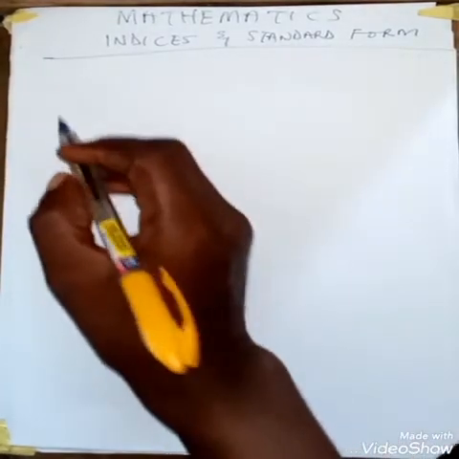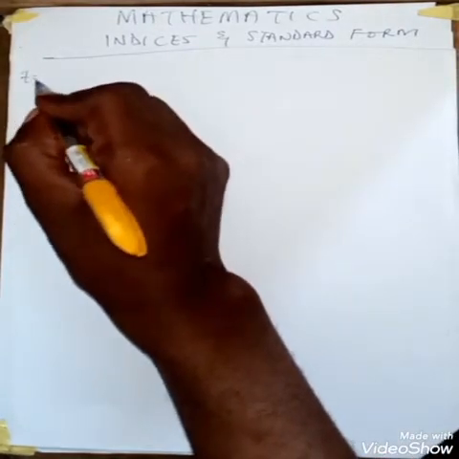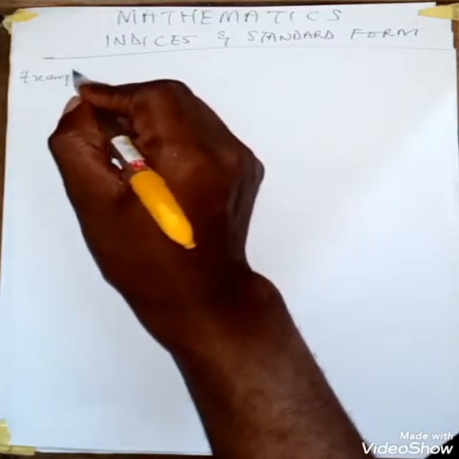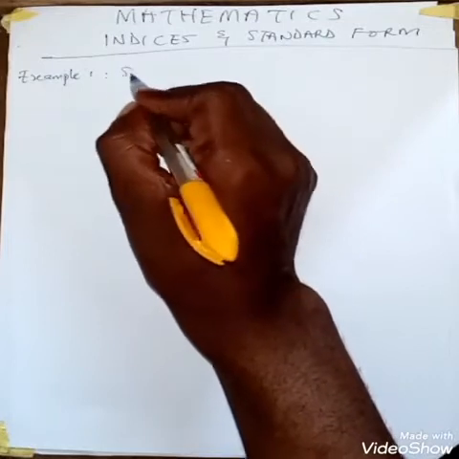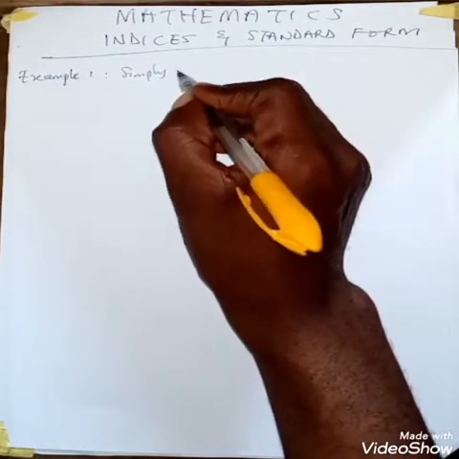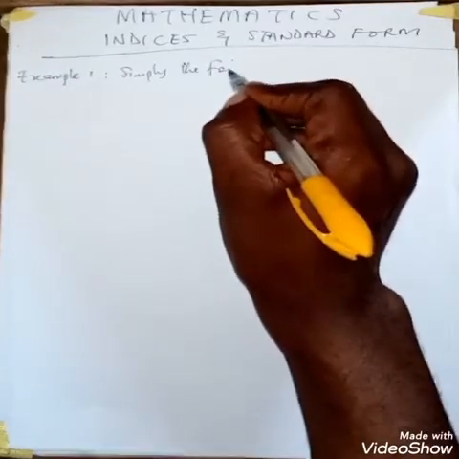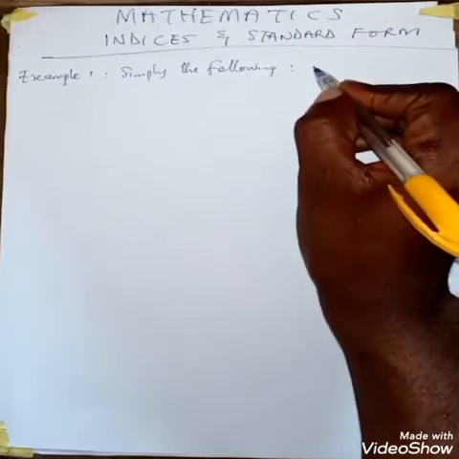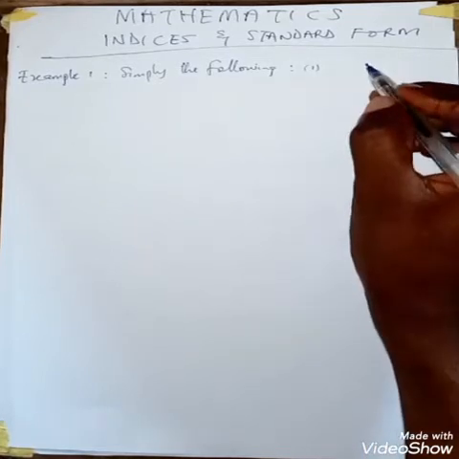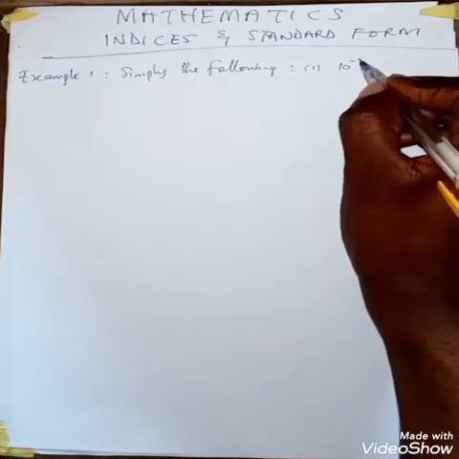Example 1. Simplify the following. Number 1: 10 raised to the power minus 3.